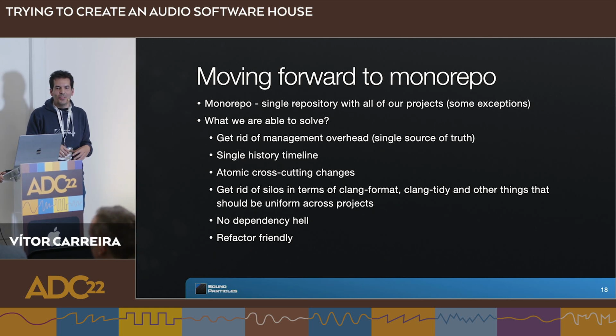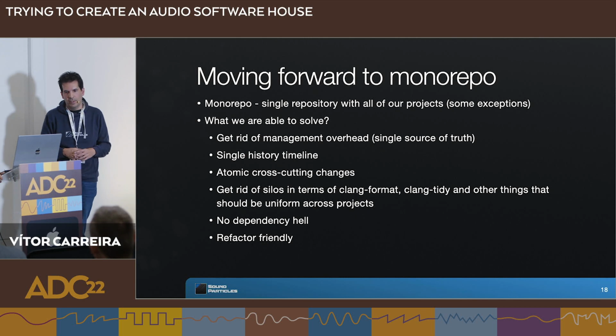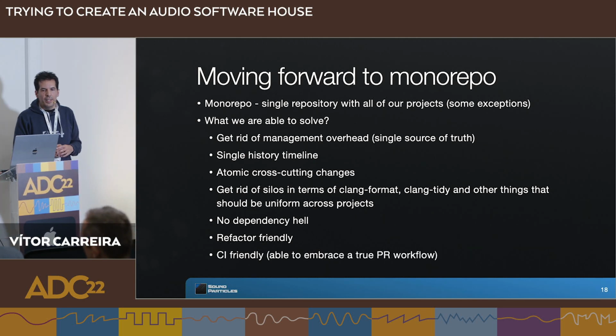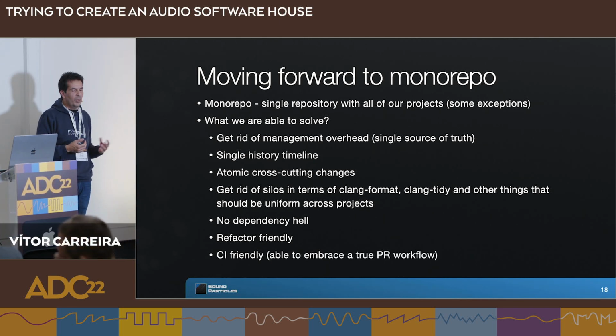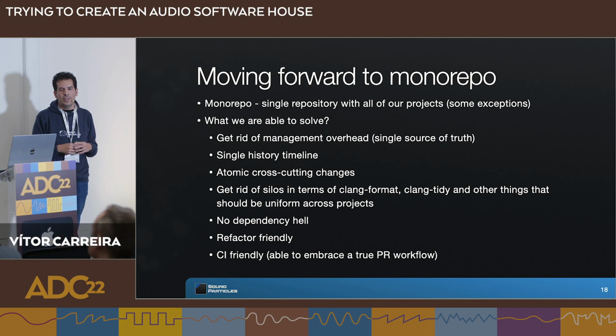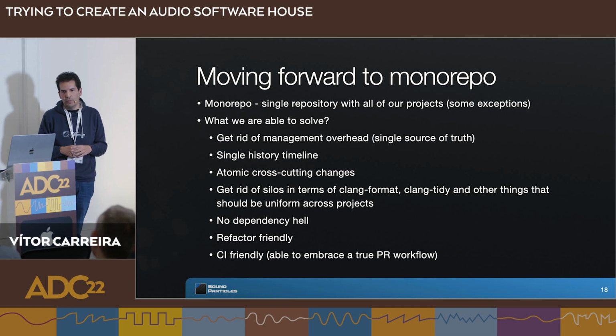With a single repository, it's very easy to, for example, change the resampling class, change the convolution class, etc. And the most important feature of the monorepo is that it's continuous integration friendly, so we can embrace the pull request workflow.